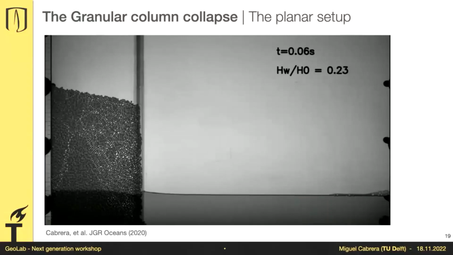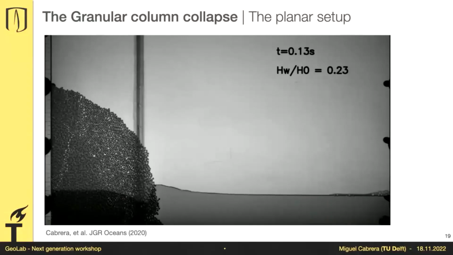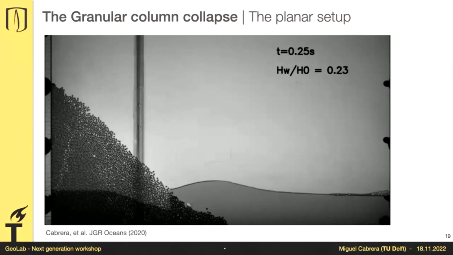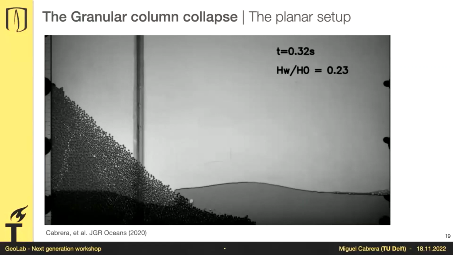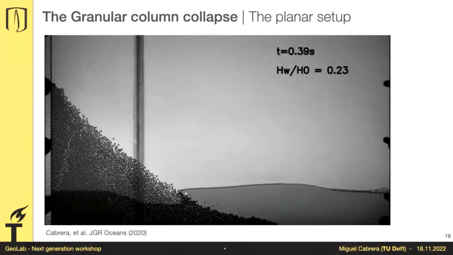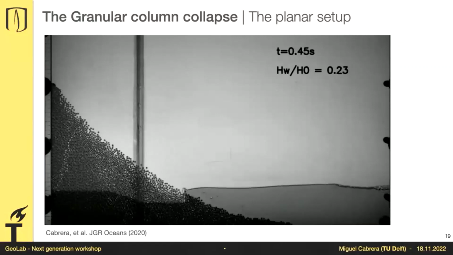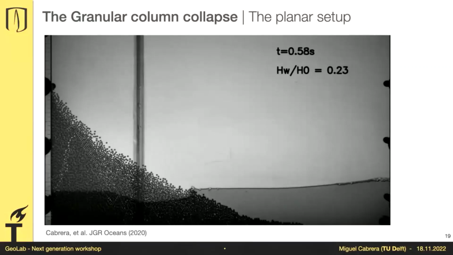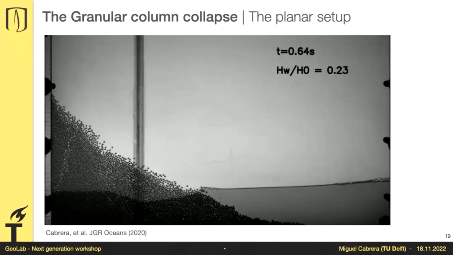Let's put it again. So please note how the dry pocket appears there, and it's not about surface tension. It's just because particles are moving faster. And that gives us an idea that the momentum transfer in a granular material should be higher than just accounting for a relationship between permeability and the velocity of the landslide.